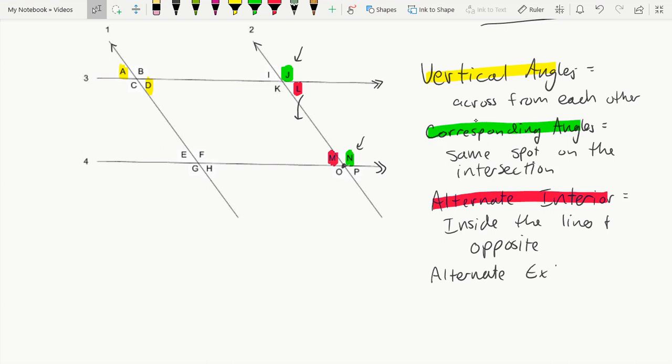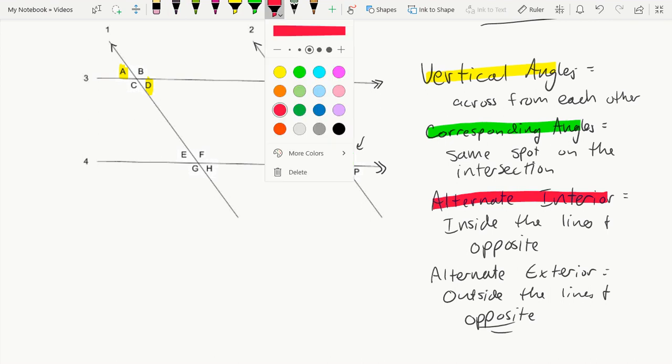Okay, now there's one more, and it's going to be alternate exterior. Now it's going to be outside the lines, but still opposite. That is really important. It's still got to be opposite. So now let's talk about B. We will change my highlighter color to, what do you think? Purple. Lovely.